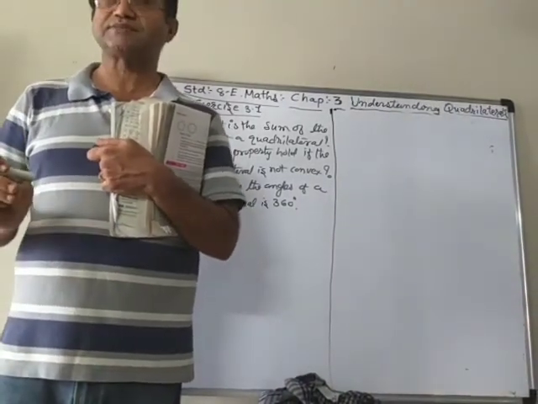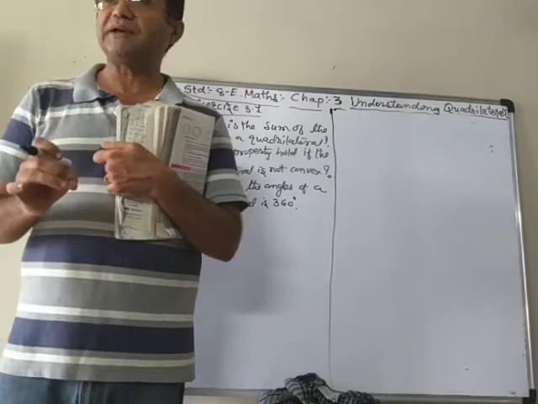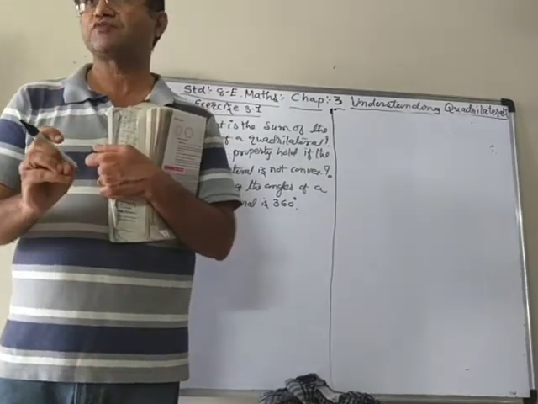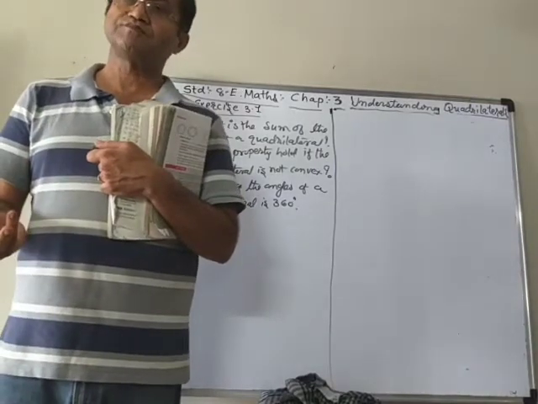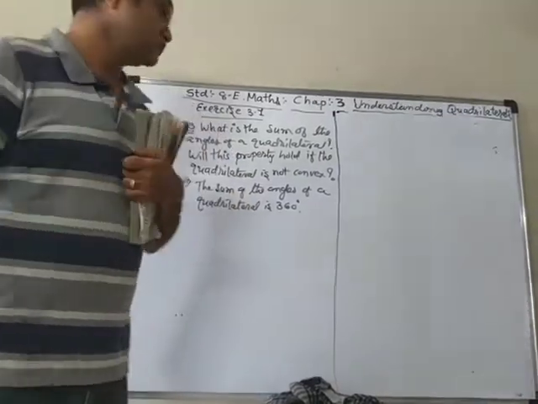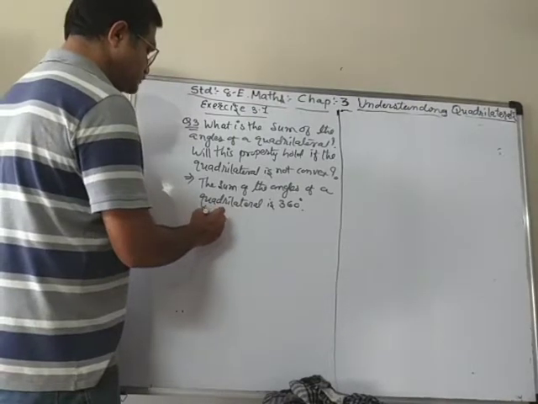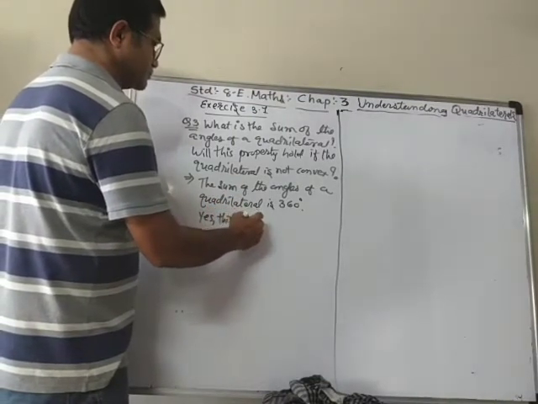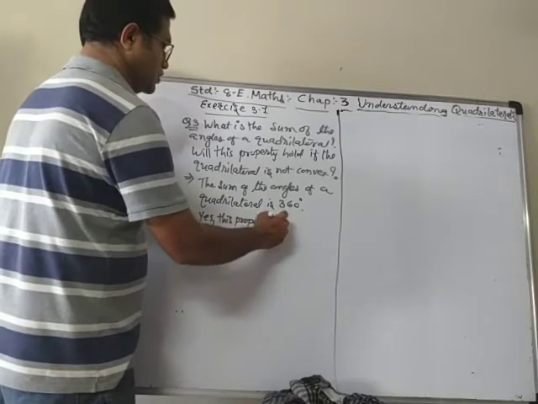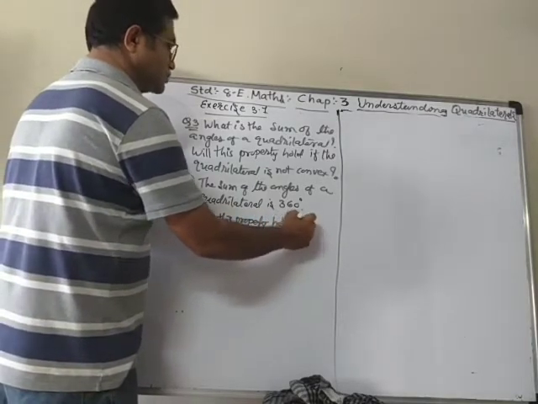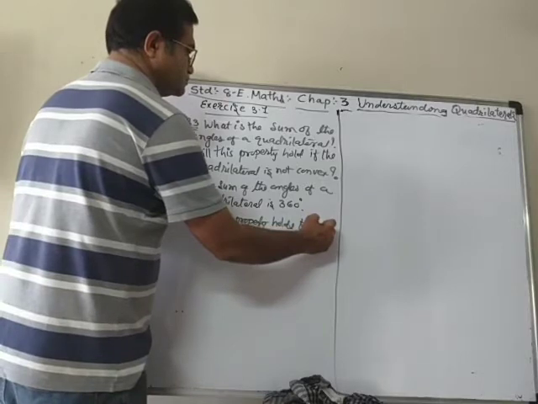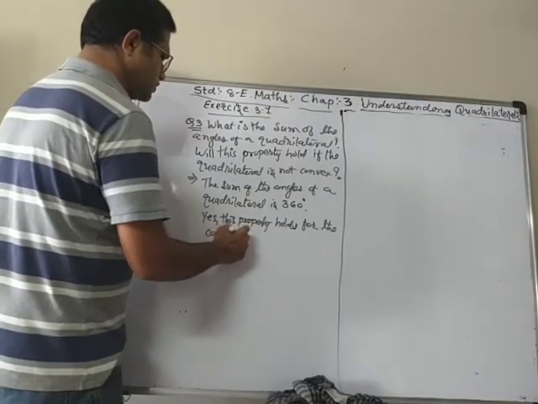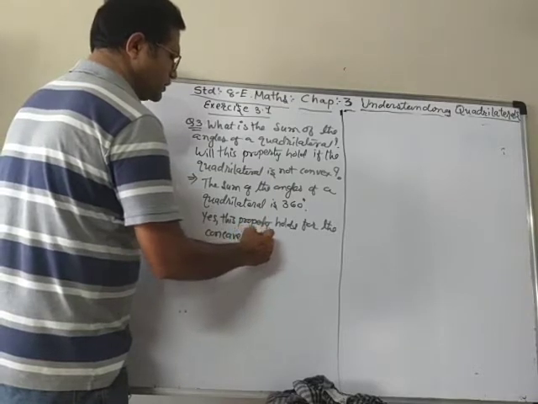the answer is yes, because it doesn't matter whether a quadrilateral is convex or concave, the property will be the same. So you can write down yes, this property holds for the concave quadrilateral also.